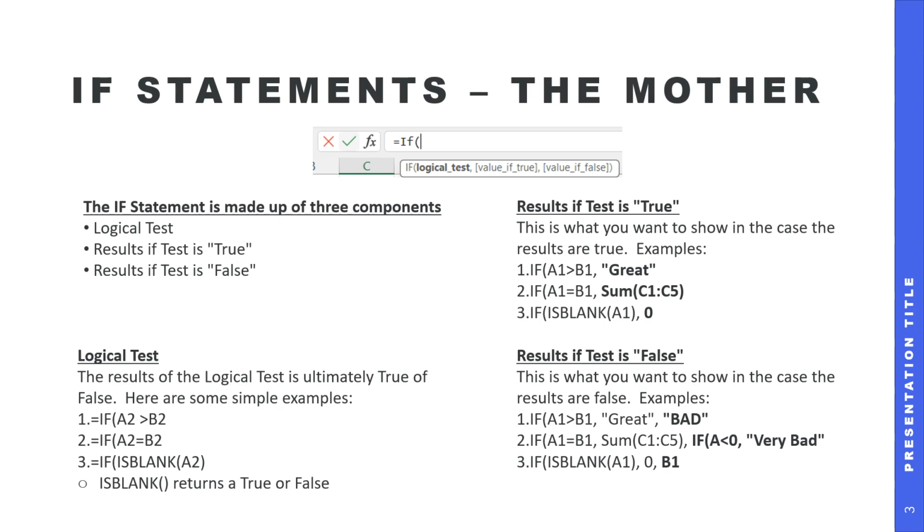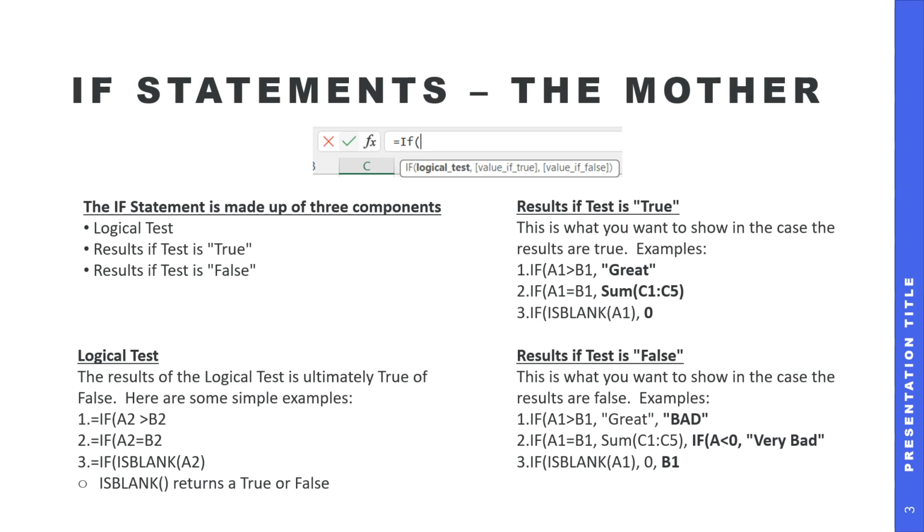So if we're evaluating A2 as a cell, if nothing's in A2, it's going to say true. If something's in A2, it's going to return a false. So the heart of this logical test is to return a true or a false. That's it. I have A2 and B2 as my two examples, but it could be if A2 is greater than 0, or if A2 is equal to 10. So mentally plug in those numbers as you see fit.